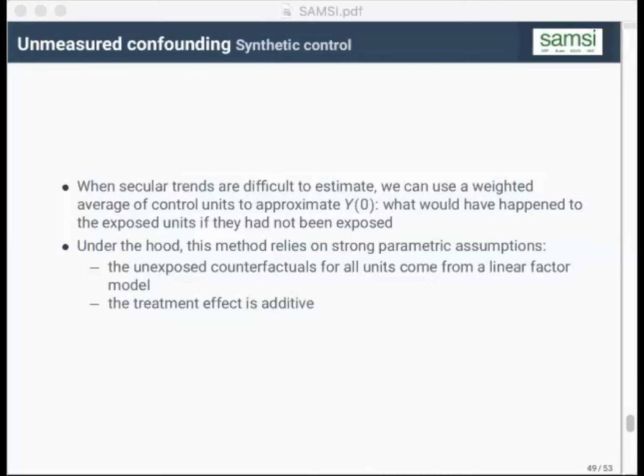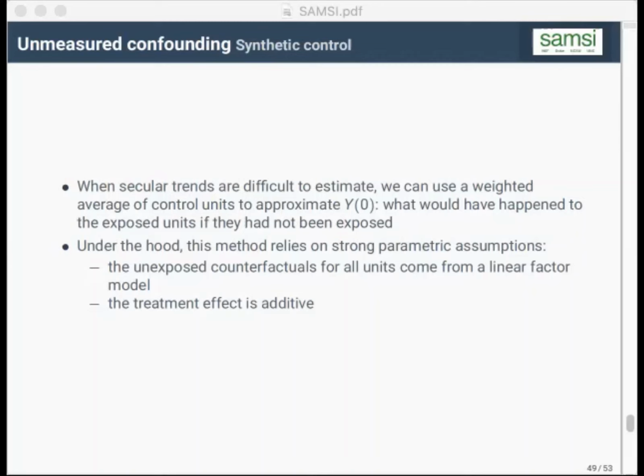When there isn't a single control group that you think will capture the secular trends well for your intervention group, if you think that you've got many candidate control groups, but none of them are expected to be precisely parallel with the intervention group, then the synthetic control approach is a kind of augmentation of the difference in differences approach.